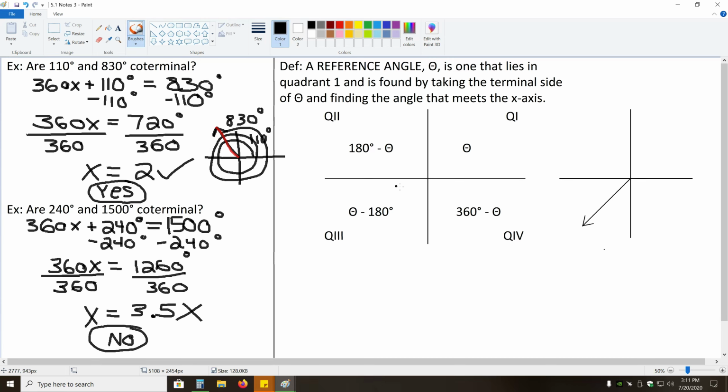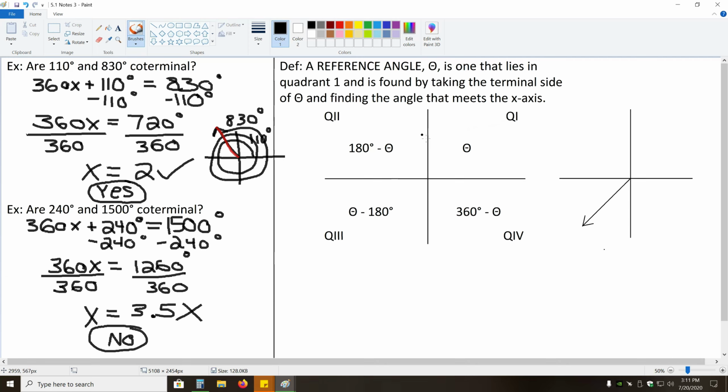Okay, continuing on, we can now introduce the reference angles that I was talking about a little while ago. So a reference angle, which we'll call theta, is one that lies in quadrant 1 and is found by taking the terminal side of theta and finding the angle that meets the x-axis.